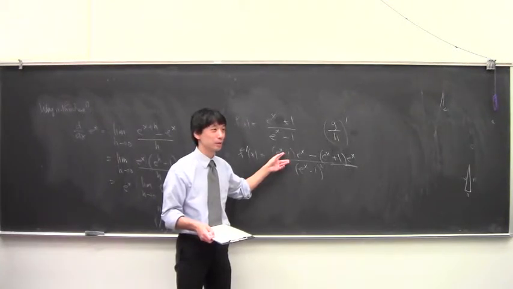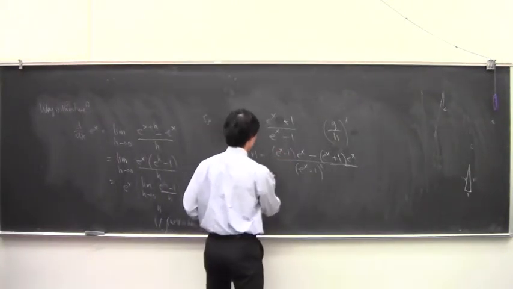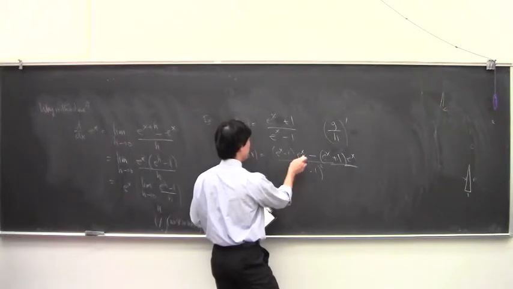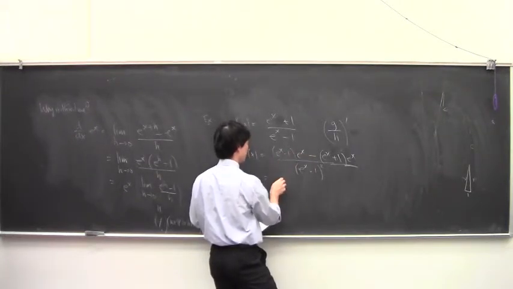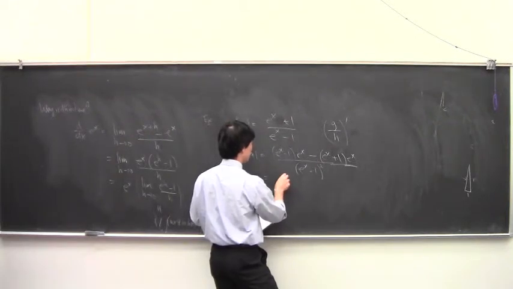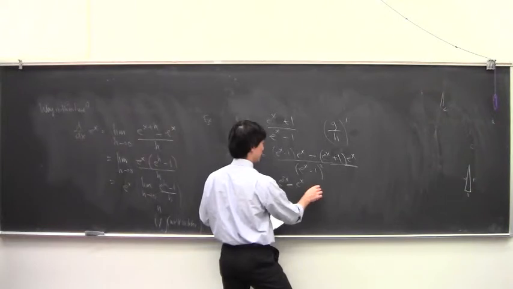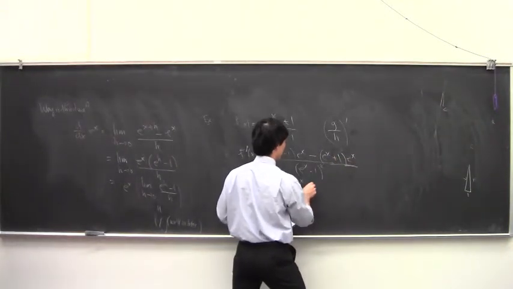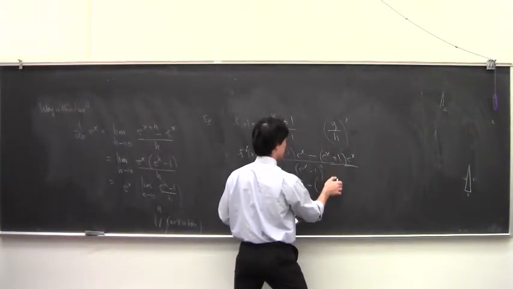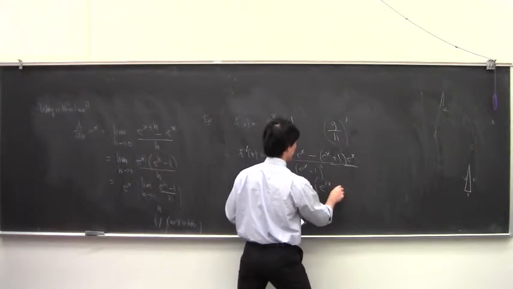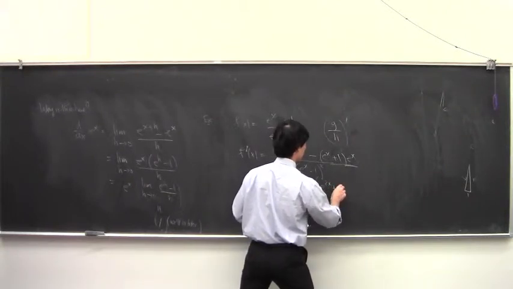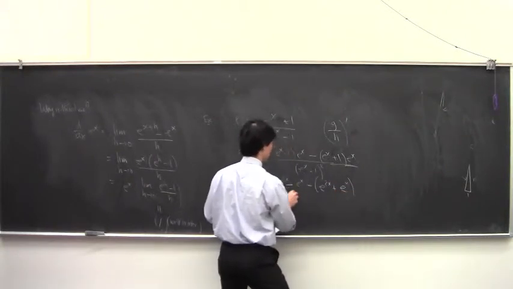Would you mind doing it now? Sure. Okay. So what do you get? You have e to the x minus 1 times e to the x. So each of these gets multiplied by e to the x. Right? So you get e to the 2x minus e to the x. And then here you've got minus e to the x times these things, so e to the 2x plus e to the x.